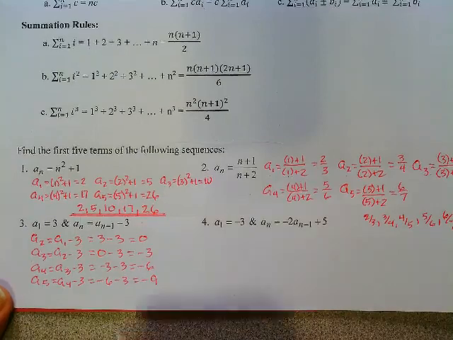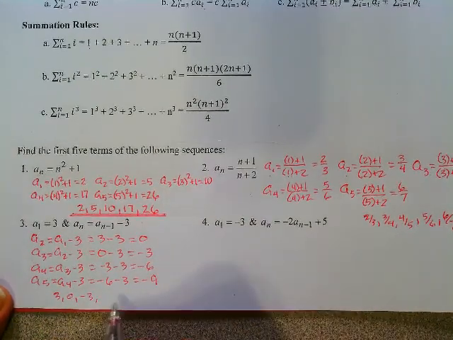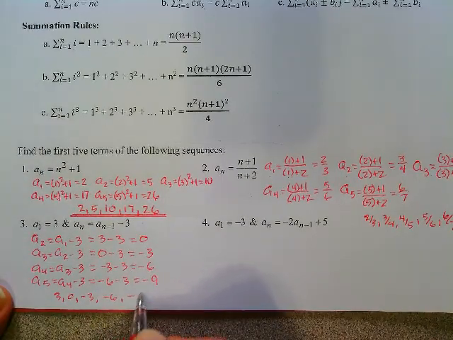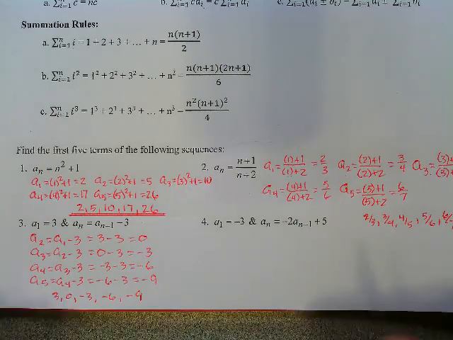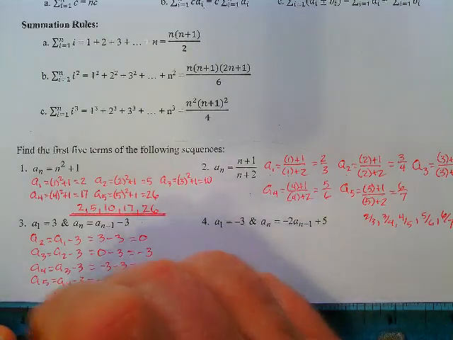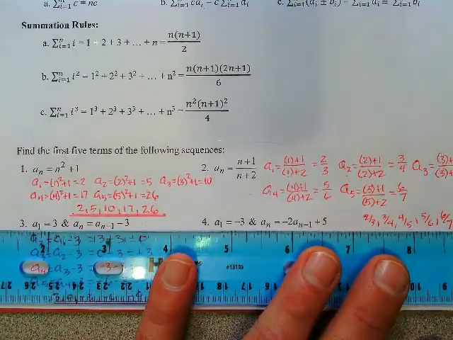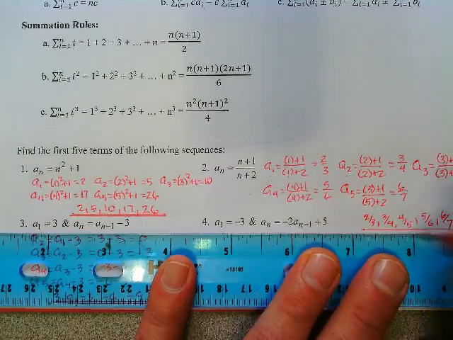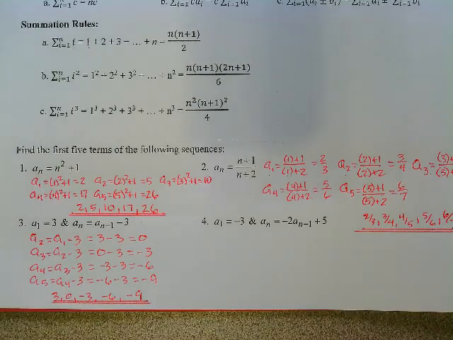So our first 5 terms are 3, 0, negative 3, negative 6, negative 9, using a recursive formula.